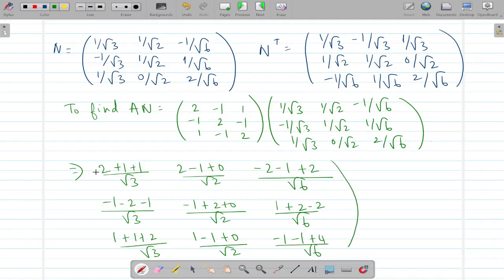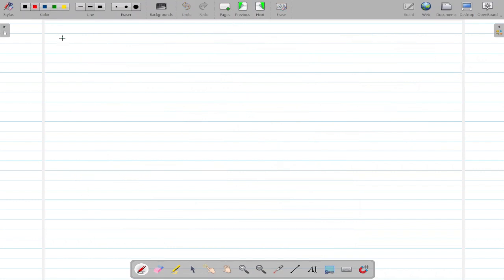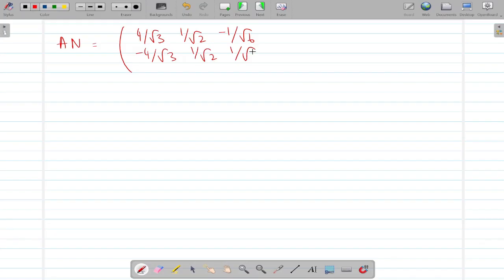So now by solving this, AN equal to 4 by root 3, 1 by root 2, minus 1 by root 6, minus 4 by root 3, 1 by root 2, 1 by root 6, 4 by root 3, 0, 2 by root 6.